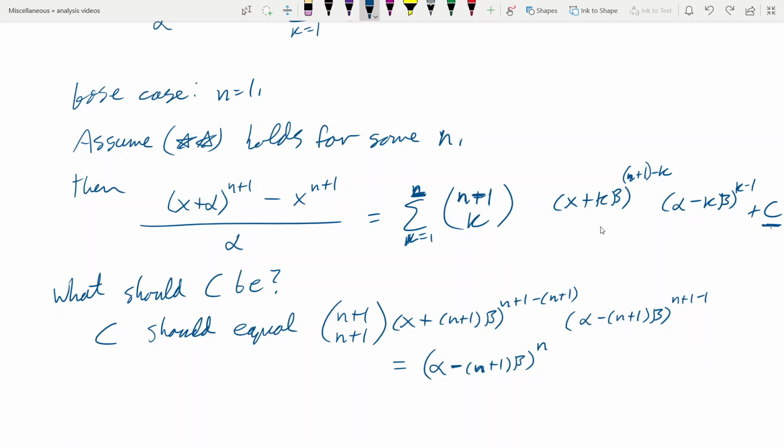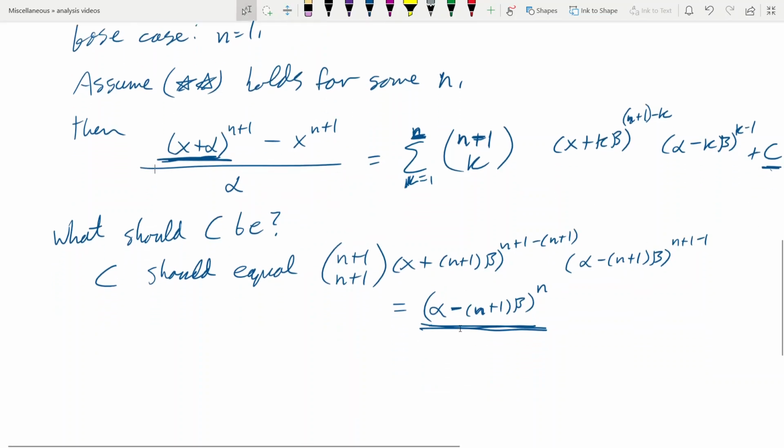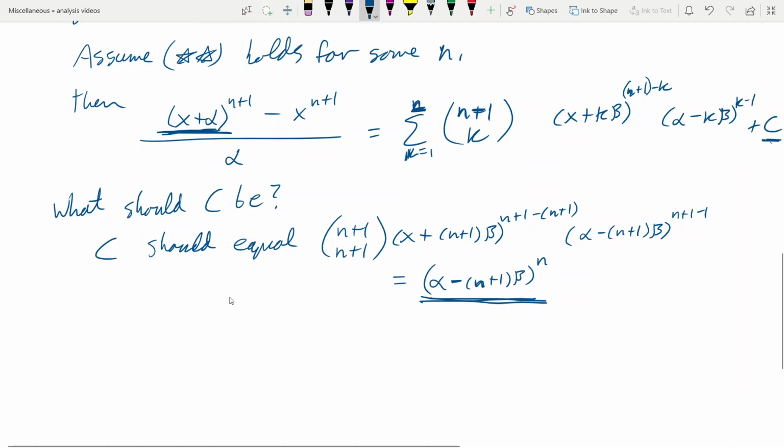The way that you would see what the choice of x should be is that we can make alpha minus n plus 1 beta to the n appear on the left-hand side by choosing a suitable value of x. And that value is given by this: minus n plus 1 times beta. Let's see what happens when we put that in the left and the right.